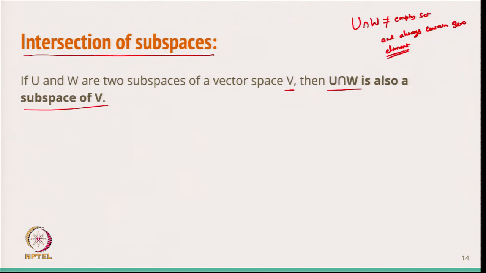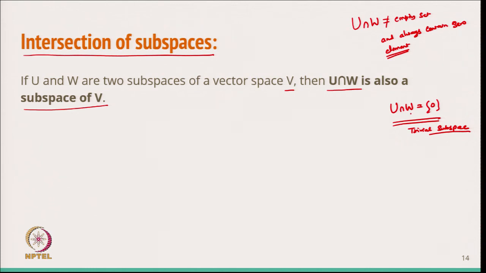And if U intersection W is just the 0 element, then it is the trivial subspace, but it will be a subspace, as we have already seen.